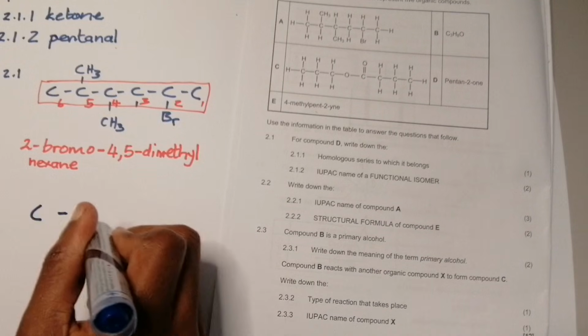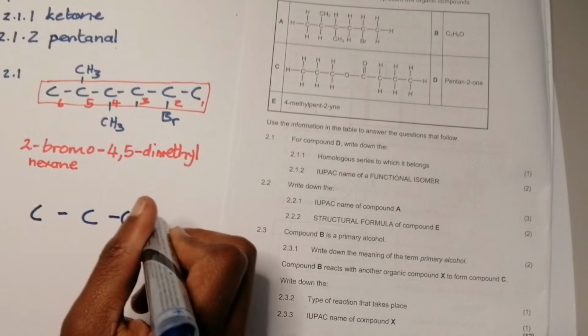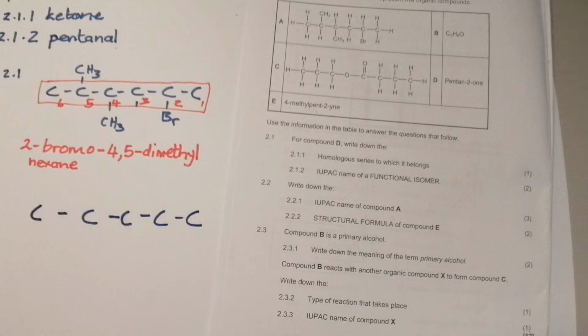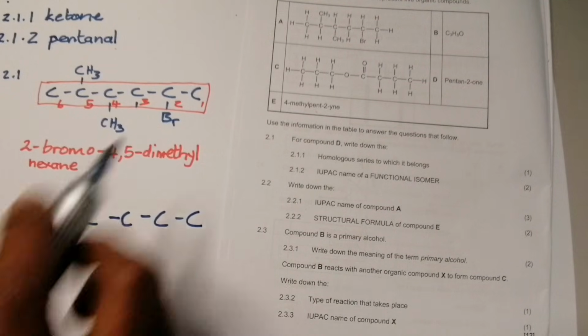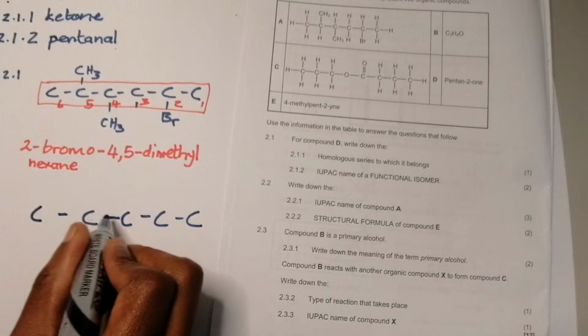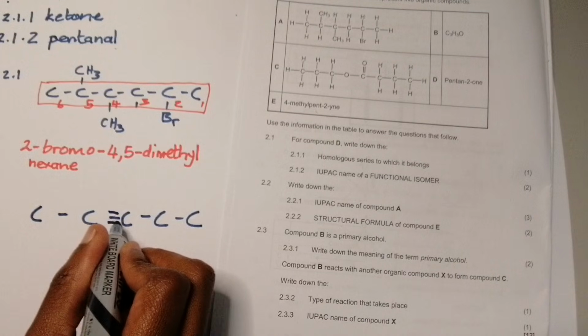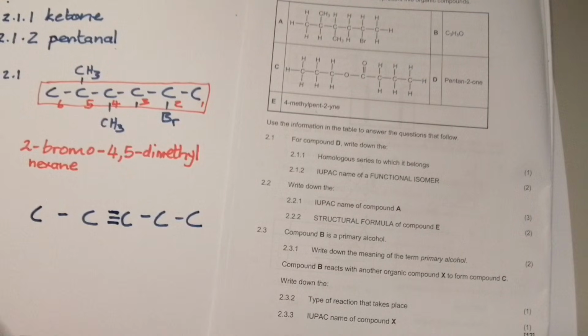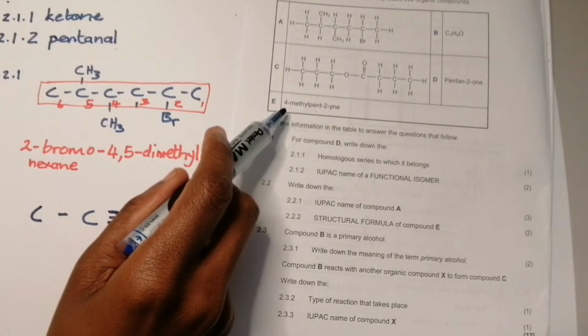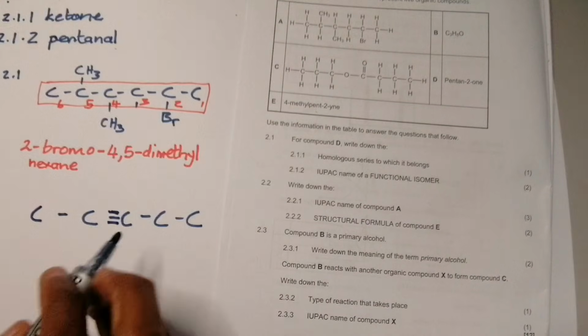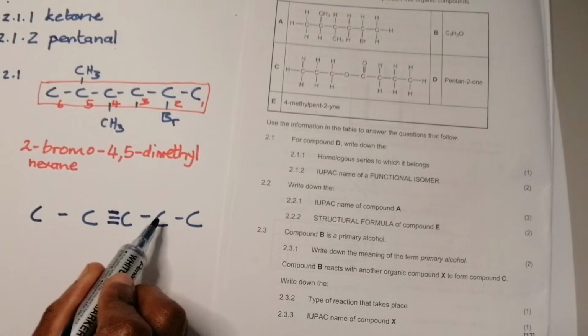So let's start with the 5 carbons: 1, 2, 3, 4, and 5. At carbon number 2 I've got an yne, so that's a triple bond. It's telling me that at carbon number 4 I've got a methyl. So 1, 2, 3, 4.